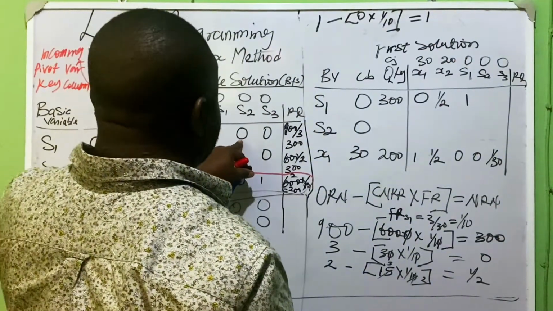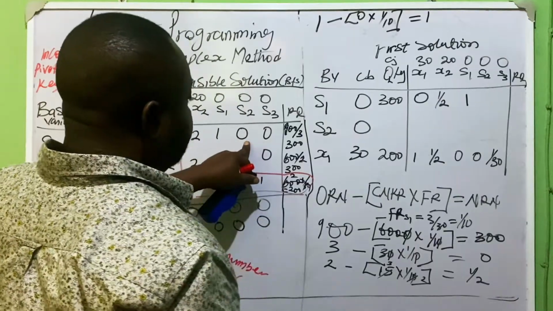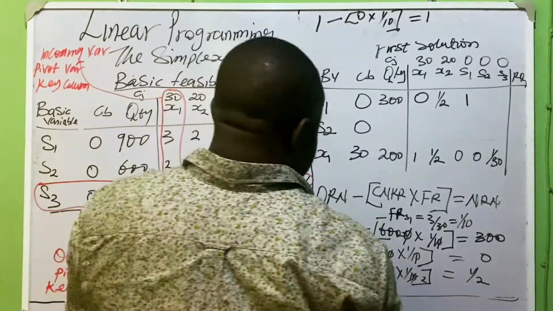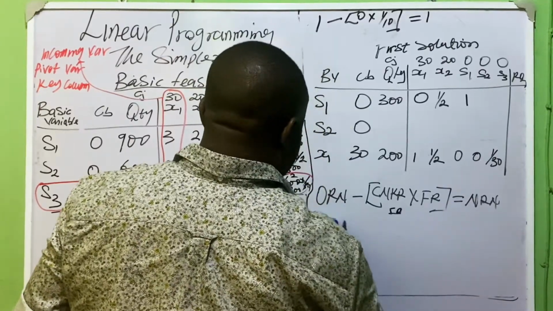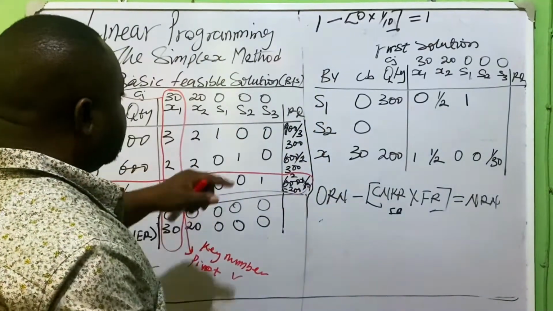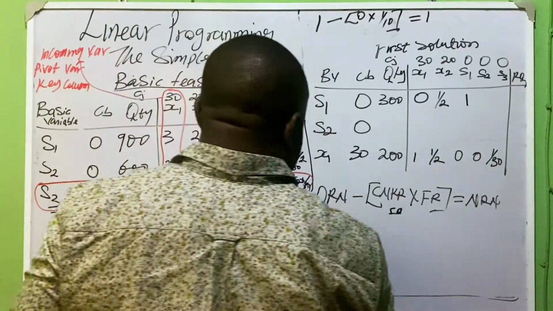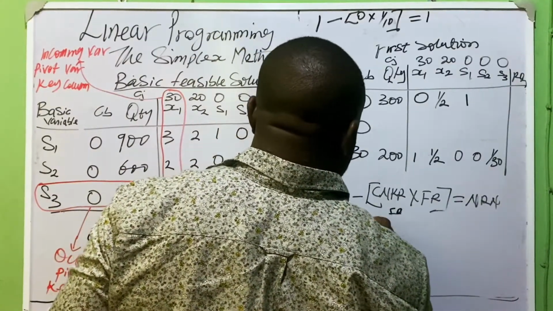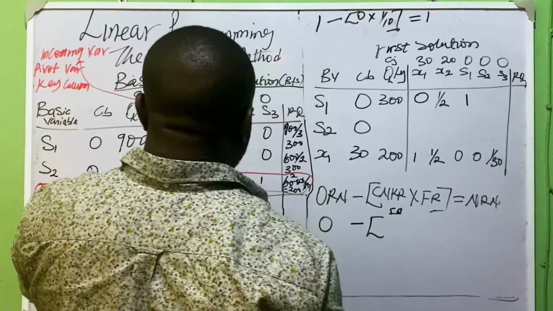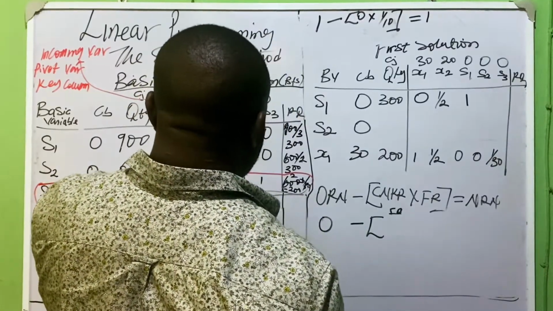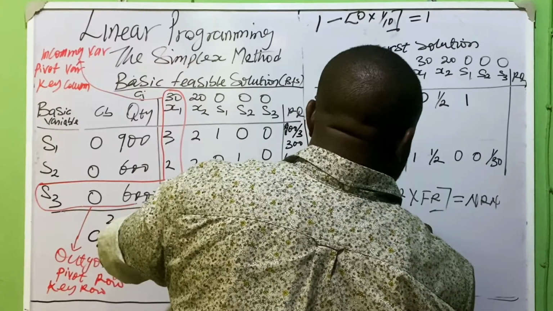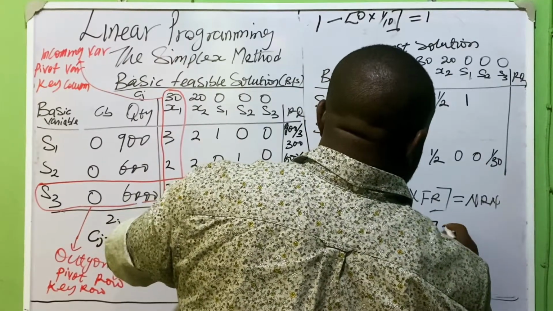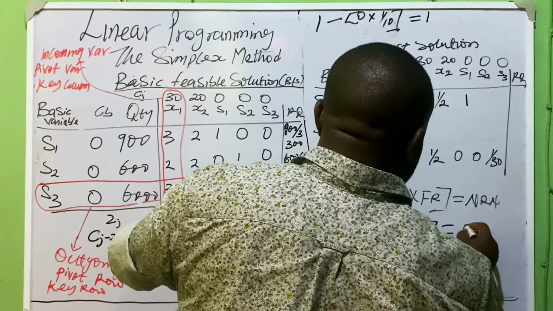The next will be to transform this 0. So 0 minus the product of 0 and 1 over 10 will give me 0.